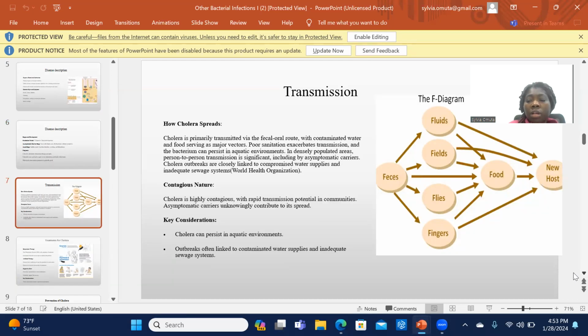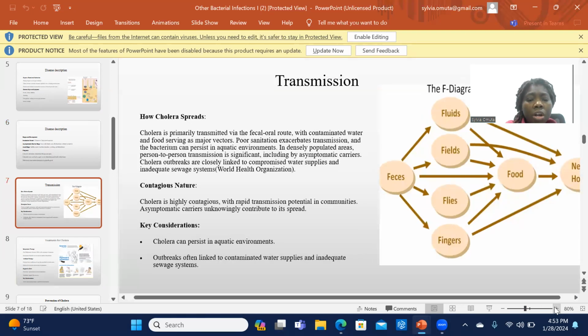Transmission, how cholera is transmitted. Cholera is primarily transmitted via the fecal-oral route, with contaminated water and food serving as major factors. Poor sanitation exacerbates transmission, and the bacterium can persist in aquatic environments.